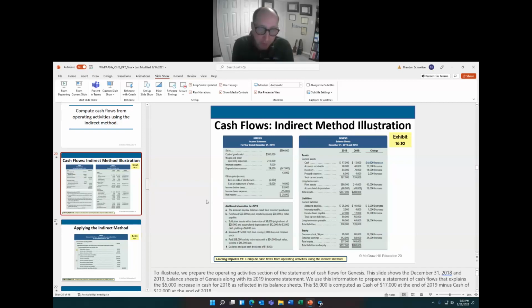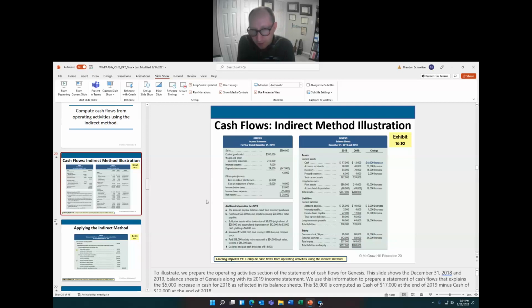100% correct. So on this slide 20, on the right-hand side, we have the balance sheet. And we're looking at the changes to things like cash, accounts receivable, inventory, prepaid expenses. Those are all operating accounts that relate to day-to-day operations of the business.